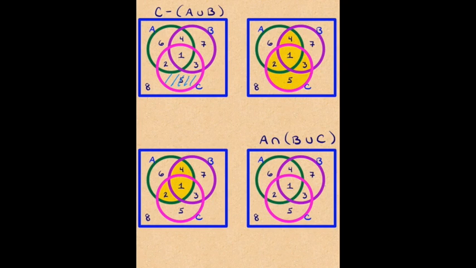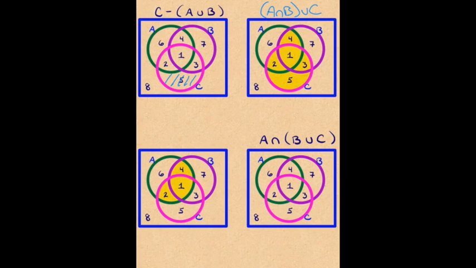In the top right, we could state this if we were to convert it into symbols. We could say maybe this would be A and B unioned with C. That would work.